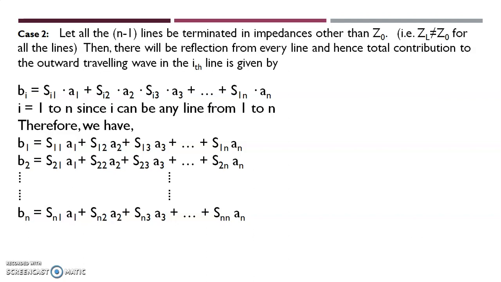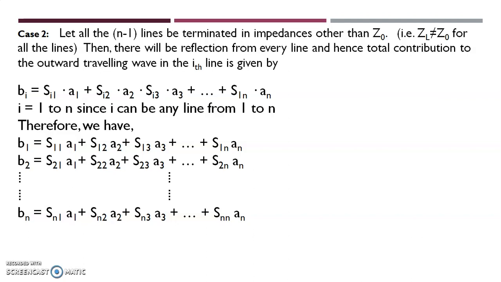And if you assume that the source is connected to the lines from 1 to n, that is i goes from 1 to n, since i can be any line from 1 to n, we can write by putting the values of i from 1 to n, and we will get n equations. That is, B1 is equal to S11 A1 plus S12 A2 plus S13 A3 up to S1n An.